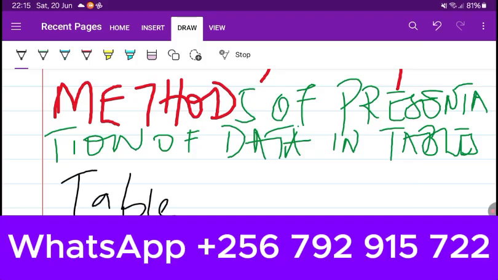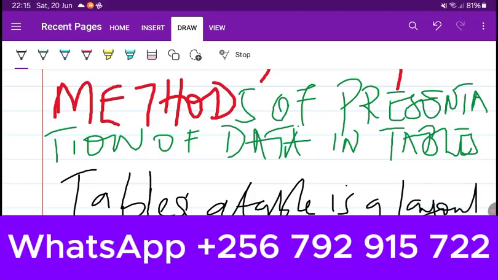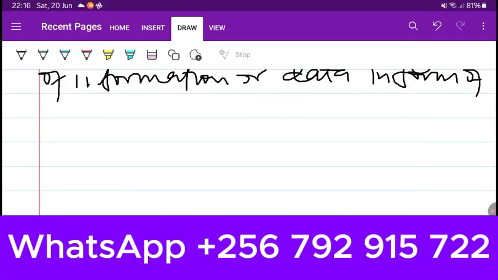A table refers to a layout. So a table is a layout of information or data in form of columns and rows.